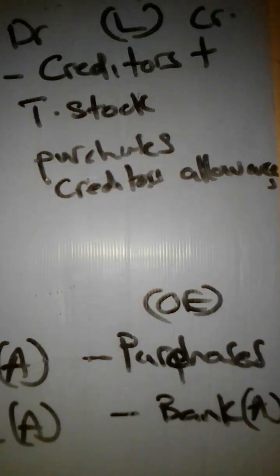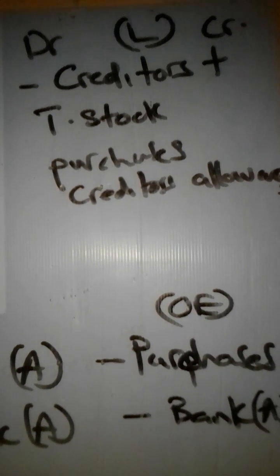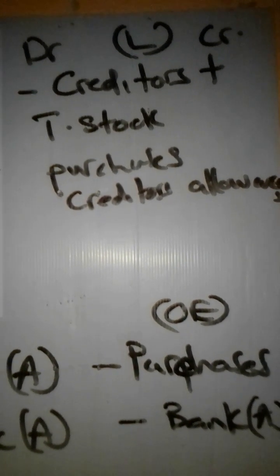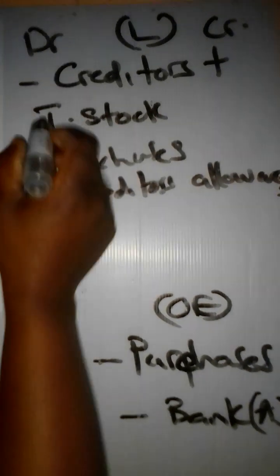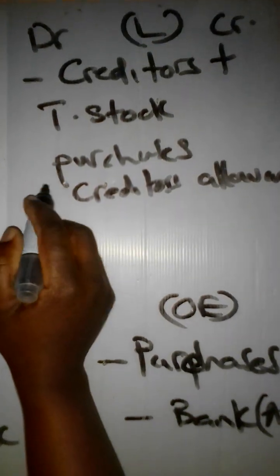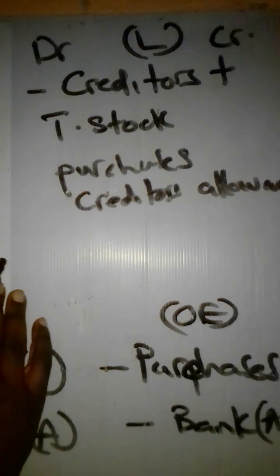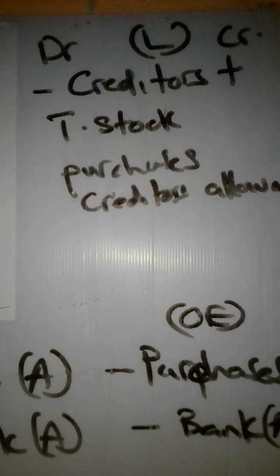These are the other accounts that we have. Because our stock was returned, what is going to happen to our trading stock under the perpetual inventory system? When we return some of the things, it means the stock is actually going to decrease.